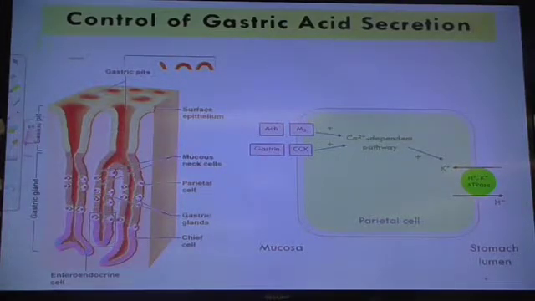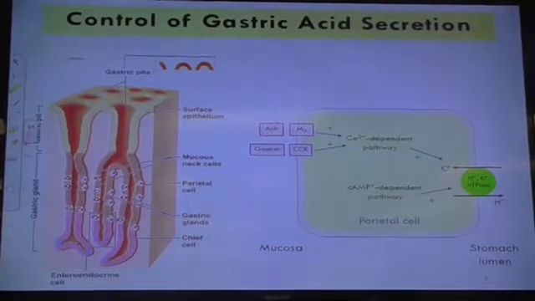That's gonna stimulate the calcium-dependent pathway and the potassium hydrogen ATPase pump. And this pump brings potassium inside the cell and hydrogen ion outside the cell. And we know the hydrogen ion is the acid and becomes the gastric acid in the stomach.